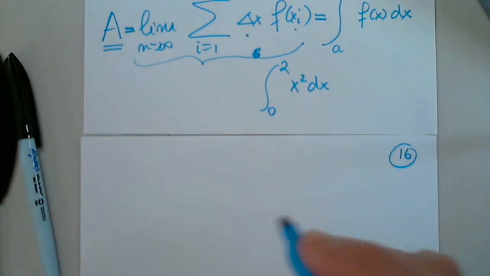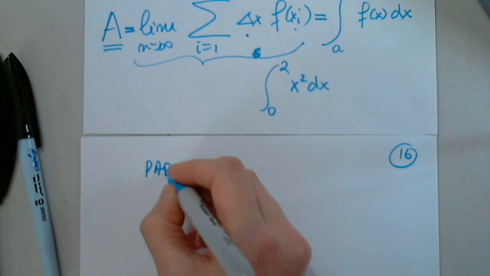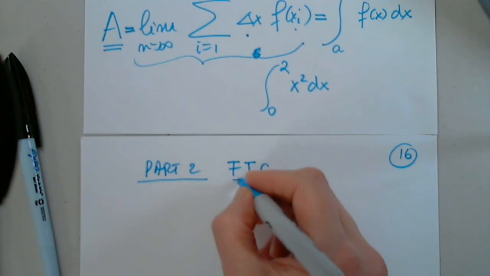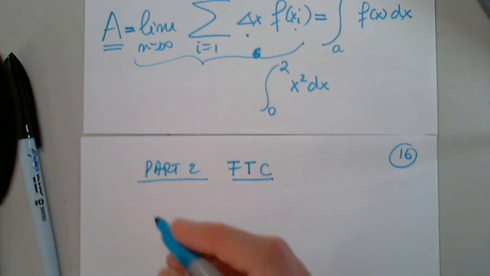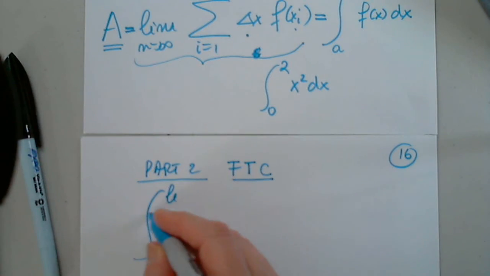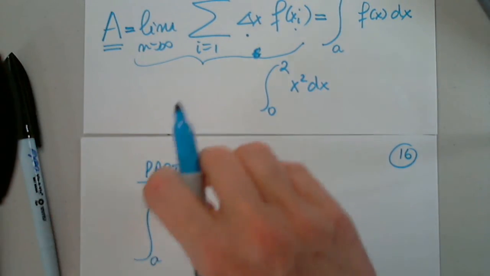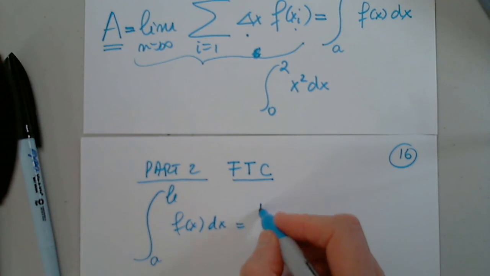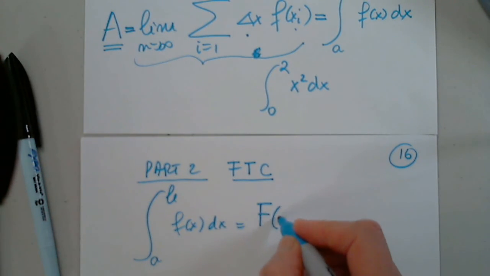Okay, so part 2 of the fundamental theorem of calculus, FTC. The integral from a to b, so this is still the sum, it's still the sigma notation, same thing, but it's stretched. Of f of x dx is the antiderivative.